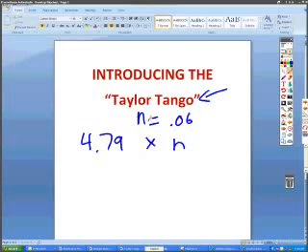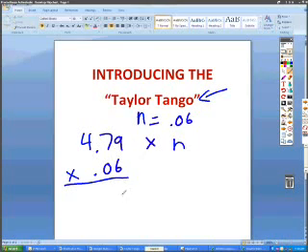So substitute 6 hundredths for n, because we're taking 4 and 79 hundredths times n. Substitute. Multiply across. So we're really taking 479 times 6. You could disregard that 0.